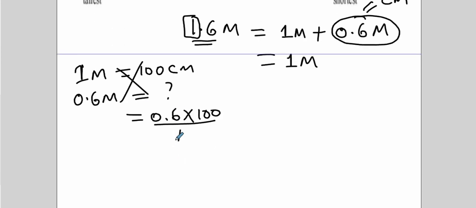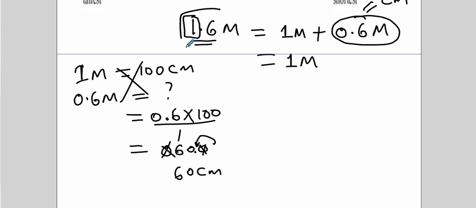This will be 0.6 times 100, put the digits next to each other. There is one decimal place, so count one number from the right, so this will be 60 centimeters.